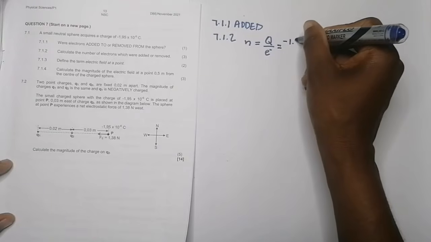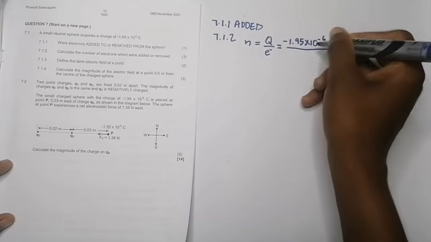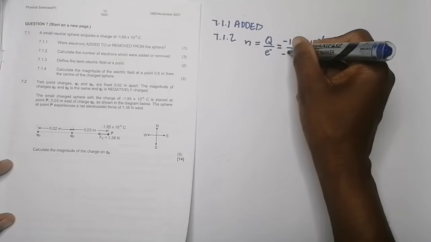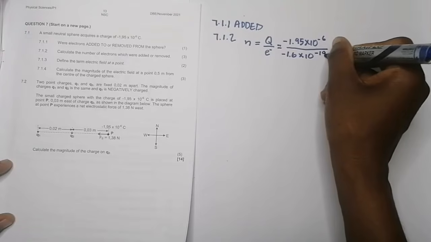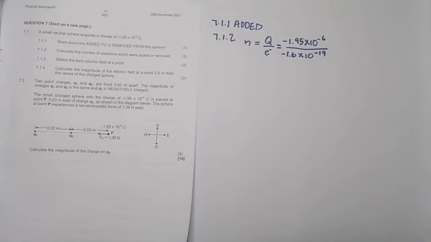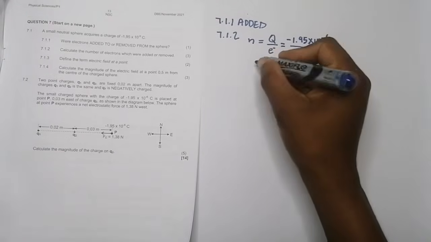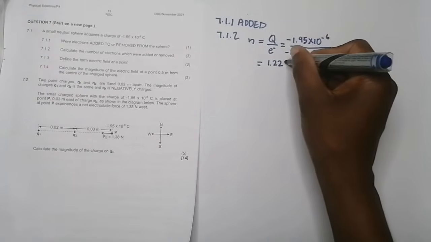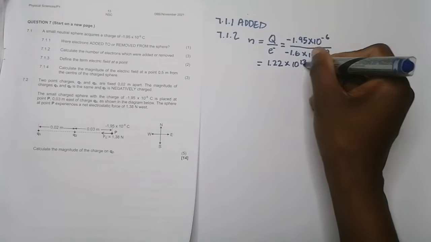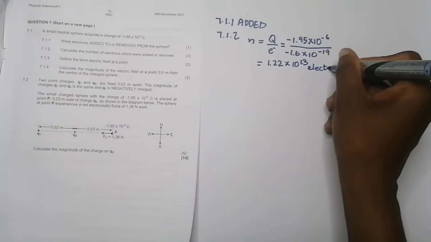So that's 1.95 times 10 to the power minus 6 divided by the unit charge of an electron, negative 1.6 multiplied by 10 to the power minus 19. Let's find an answer to that. Our answer is 1.22 times 10 to the power 13. And remember, we're looking for the number of electrons, so that's electrons.